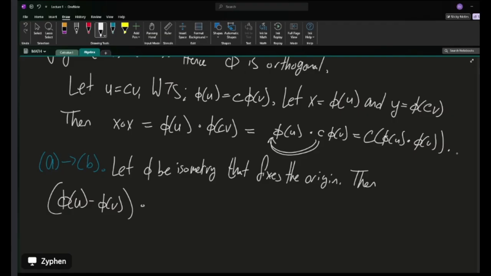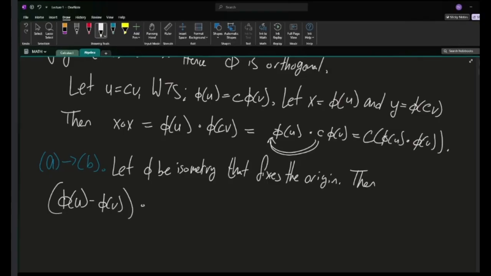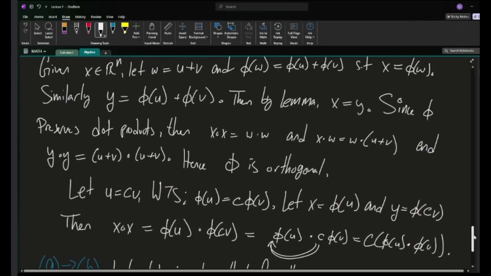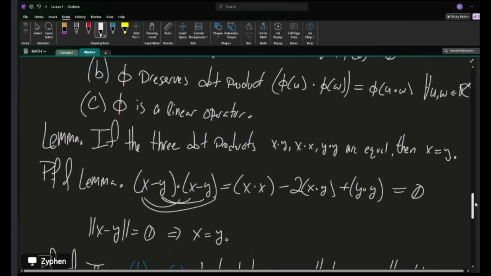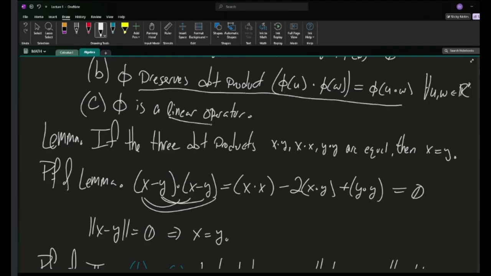We already have an orthogonal product because of the fact that it preserves these dot products, so all we have to show is that it's a linear operator. So we have one half of it, we just have to now show that it's a linear operator.